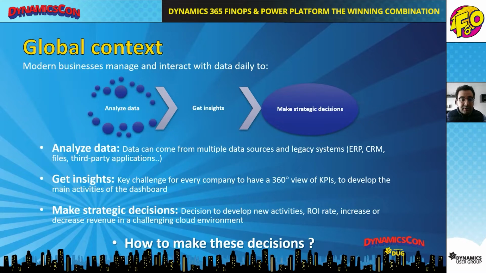And these systems can even be on other technological stacks, different from Microsoft. All of this exchange flow of information is for one main reason: to analyze the data and develop business insights around the key KPIs of the company's activity, and then finally make strategic decisions to develop new activities.